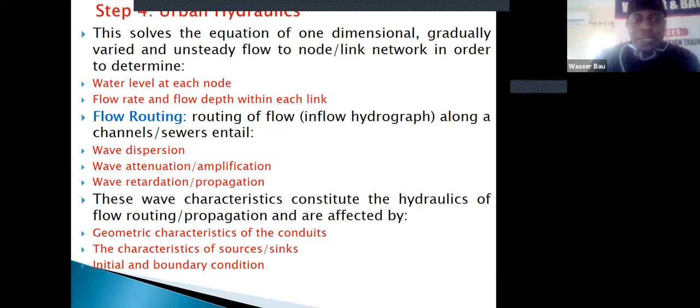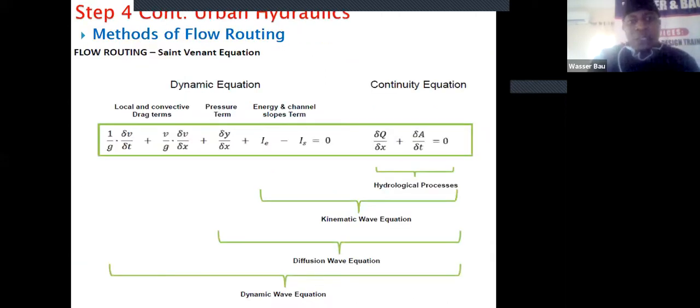You can read this one, you can understand them, about urban hydraulics, about flow. Let me just explain this in layman's language. There are many flow routing methods. Some consider what they call the invariant equation.